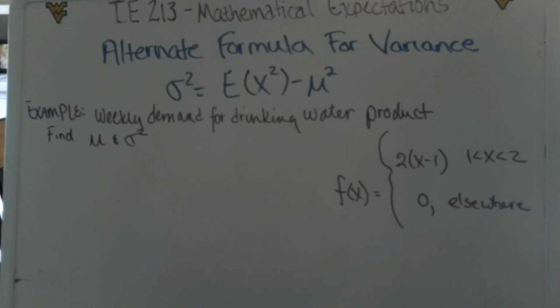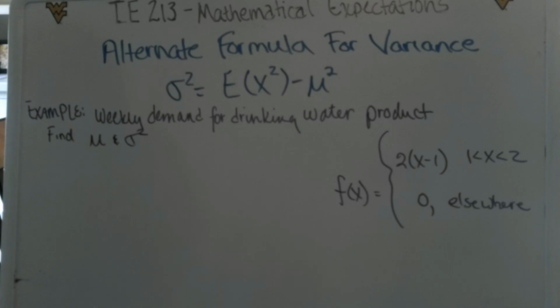Let's look at the alternative formula for variance. The variance of a random variable x, we have sigma squared, is equal to the expected value of x squared minus mu squared. So we're going to take a look at an example.